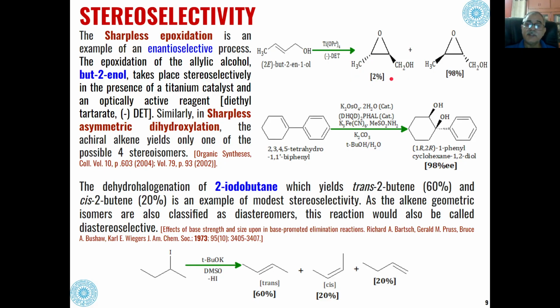So that means the reaction is a stereoselective reaction, because one of the enantiomers is formed in more amount in comparison to the other.